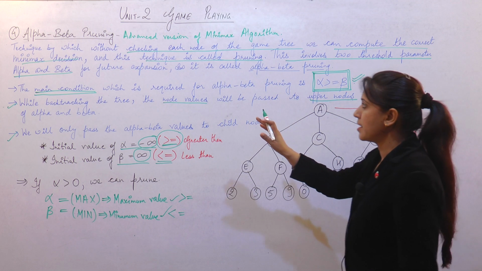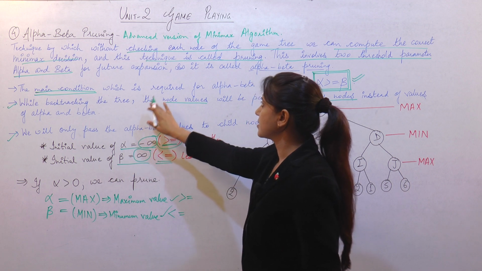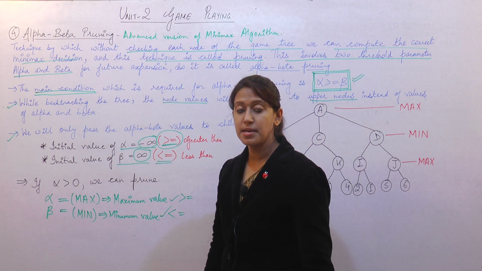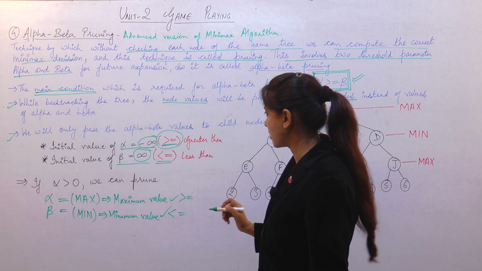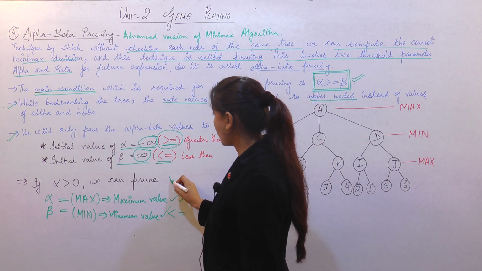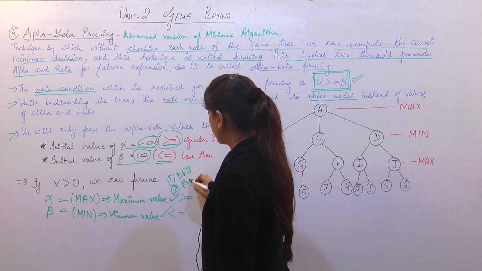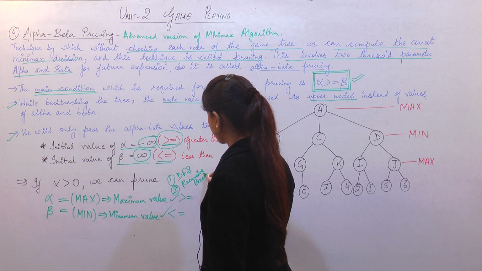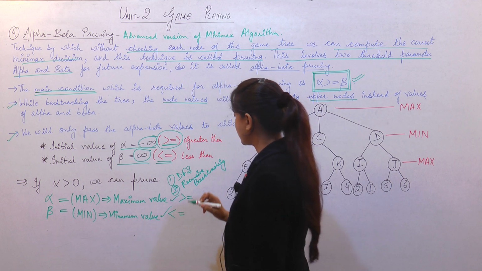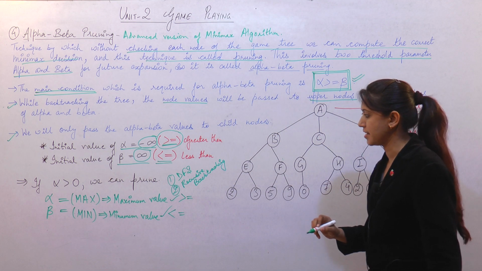Now, alpha beta pruning is the advanced version of the minimax algorithm. In the minimax algorithm we were using 2 techniques. First was the DFS technique and second was the recursive backtracking technique.